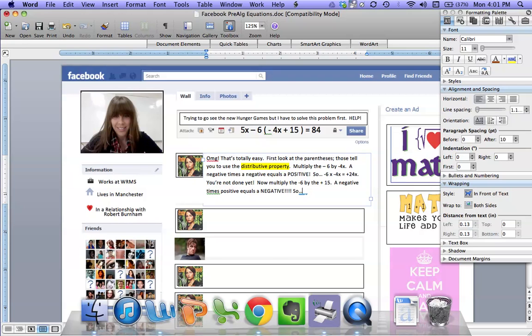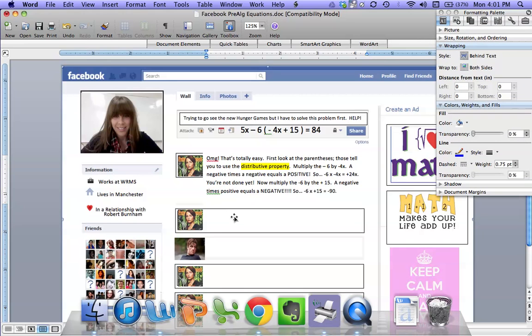So, -6 times positive 15 equals -90. And after you're done writing that, I would definitely love to see you put your example here at the bottom, okay? So, show me your arrows that show how to use the distributive property, all that fun stuff. Get fun with it. So then I'd go to the next step.